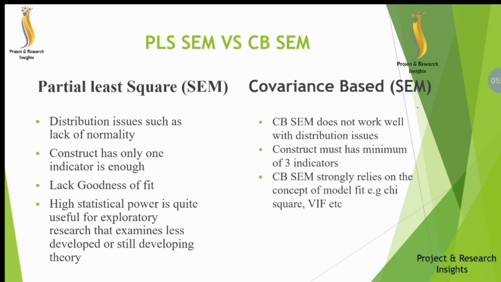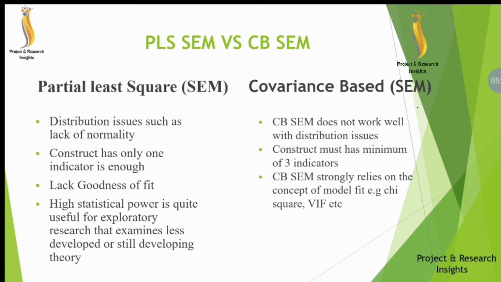However, partial least squares has high statistical power and is quite useful for exploratory research that examines less developed or still developing theory. PLS has more statistical power than the other statistical tools nowadays.